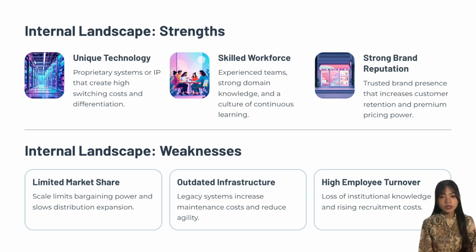A company with strong human resources is more adaptable and competitive. The third example is strong brand reputation. When customers trust a brand, they are more likely to stay loyal and even pay higher prices. That gives the company a long-term advantage. So, strengths are the key factors that help a company succeed. Identifying them clearly allows the company to maximize its potential.